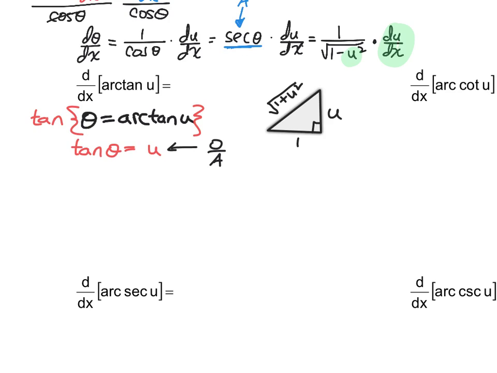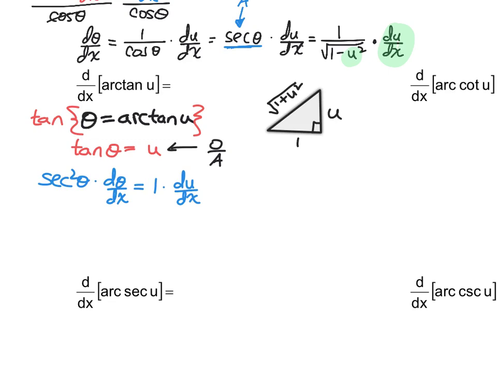So then I'm going to take the derivative of both sides with respect to x. So what's the derivative of tangent of theta? Secant squared theta. It never went away. Nice. Now I'm going to multiply it by what? d theta dx. The derivative of u, 1 times du dx.